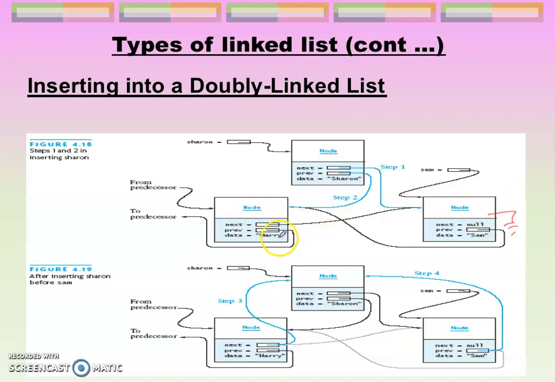So once we want to insert Sharon between Harry and Sam, what we need to do is change the next node.